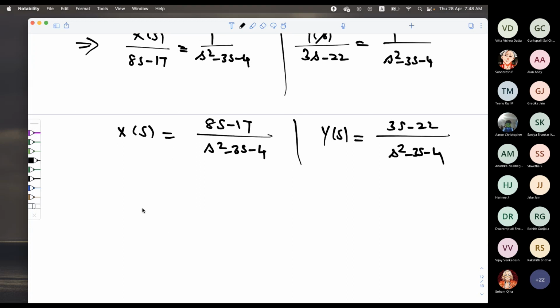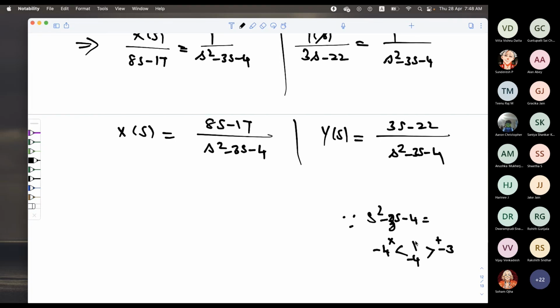Sir, apply inverse Laplace transform. Can we write it as something like, minus 4 will be the product and this minus 3 will be the sum. So 1 and 4, adding, we are getting my product.